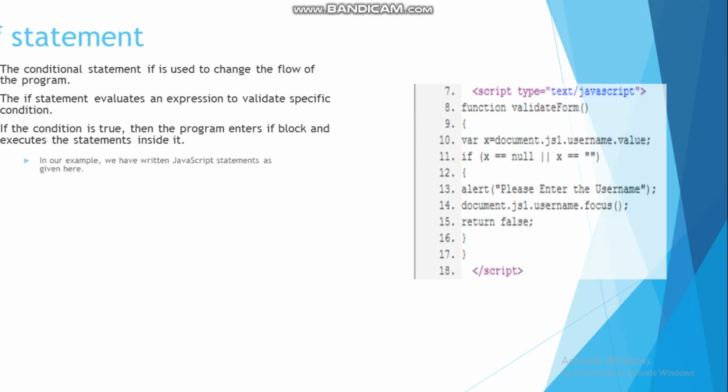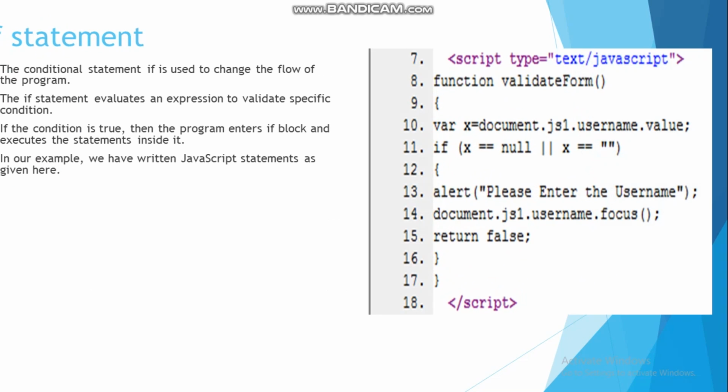We also discussed about if statement, and we saw one program also. So var is a keyword that is used to create a variable, actually to declare a variable. So we have given statement var x is equal to document.js1.username.value. It means that it stores the data typed in username in x variable, and then we are comparing it with null.